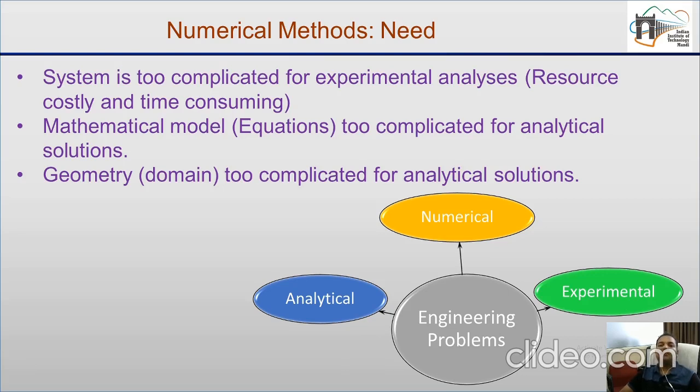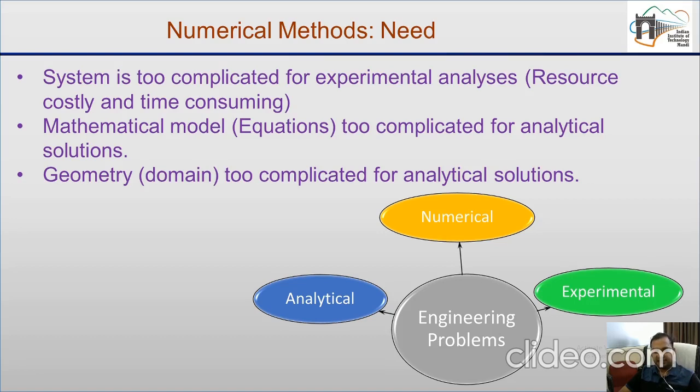So ultimately we have the option of numerical methods. In numerical methods, we need to get the solution of the governing system equations in the form of numbers, and for that we implement approximation, interpolation, and sometimes curve fitting.